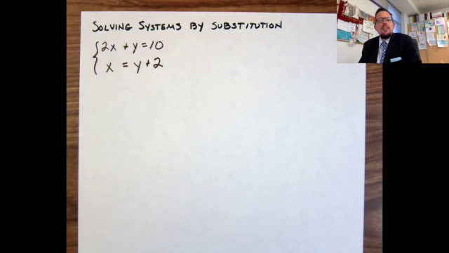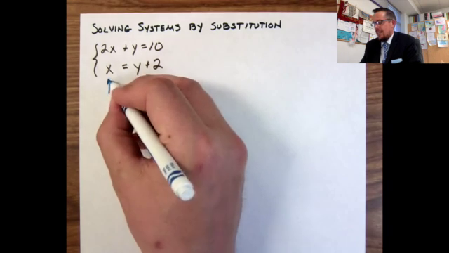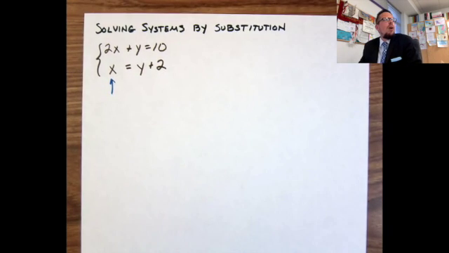When you solve something by substitution, only one of them has to be solved for a variable, and it doesn't have to be y. I could solve for x or y on the top or the bottom. This is valuable to us because if you look at this pair of equations I've given you, one of them's already done. Already solved for x. X equals y plus 2.